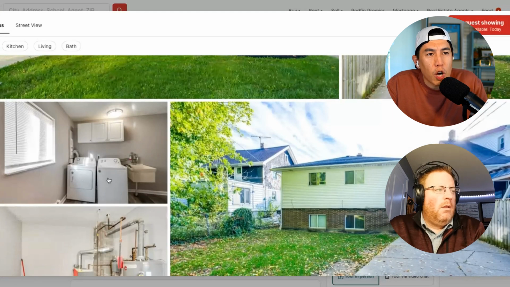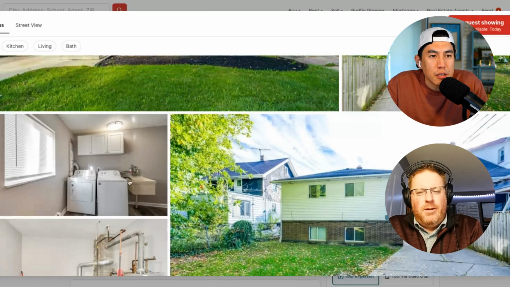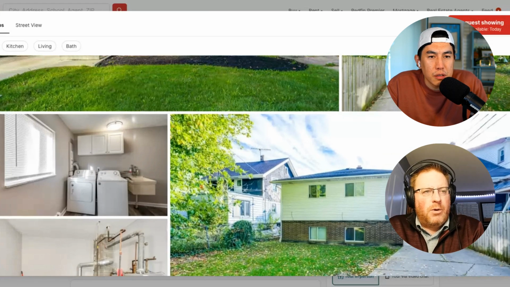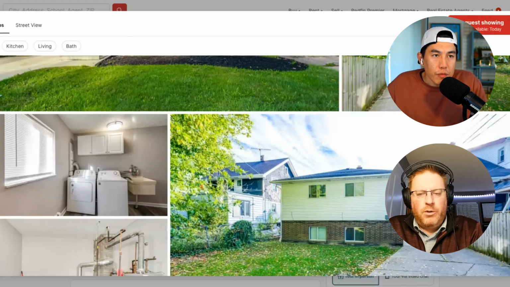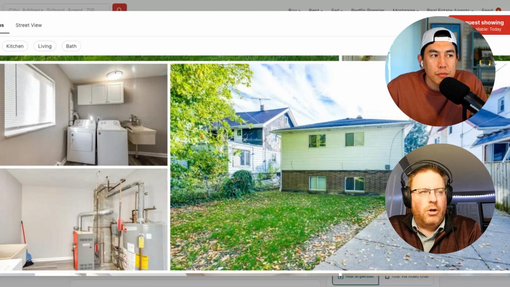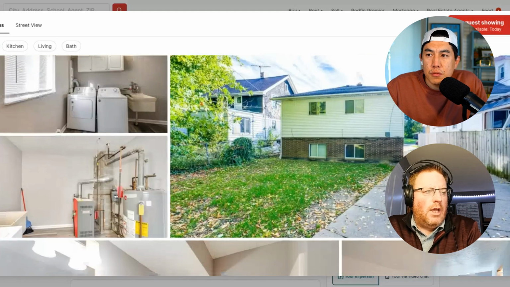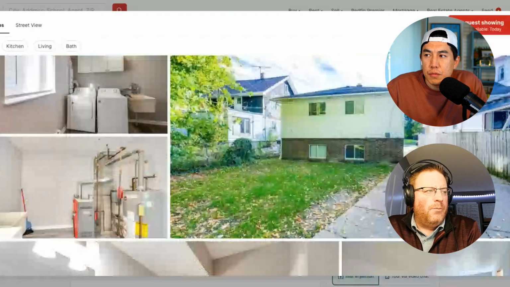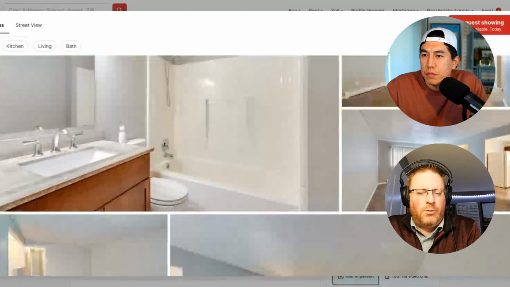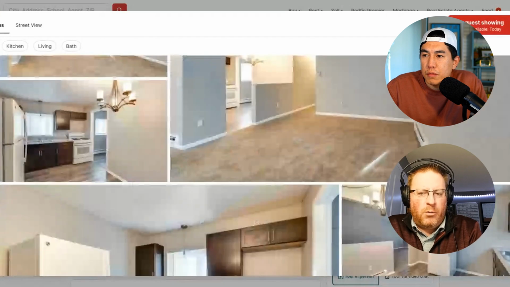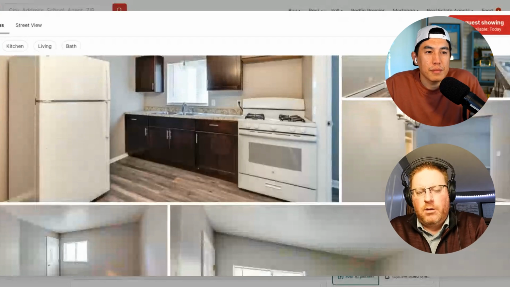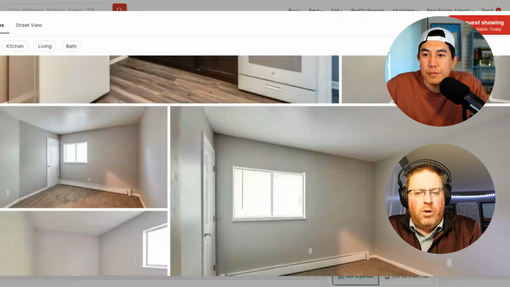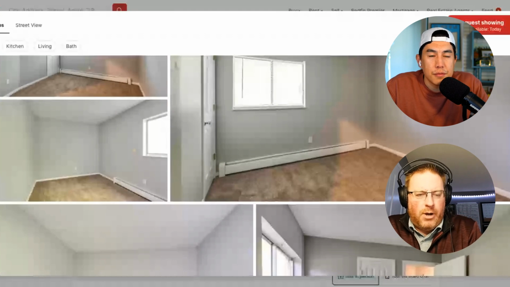The likely scenario in this property is that there's a utility room in each unit that houses the boiler and the hot water tank, and then it has a laundry hookup. It's hard to say exactly because the agent didn't provide photos of both units. One of the units is currently occupied and the other is vacant, so I'm guessing we don't have pictures of the occupied unit.